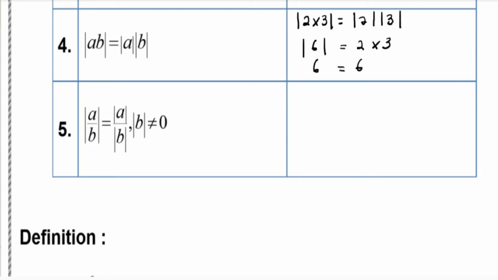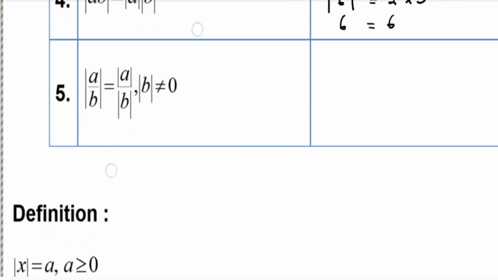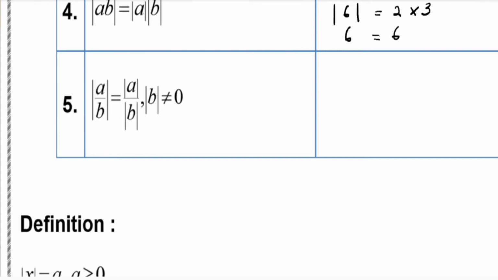The last property is absolute value of A over B can be rewritten as absolute value of A over absolute value of B, provided that absolute value of B cannot be equal to 0.